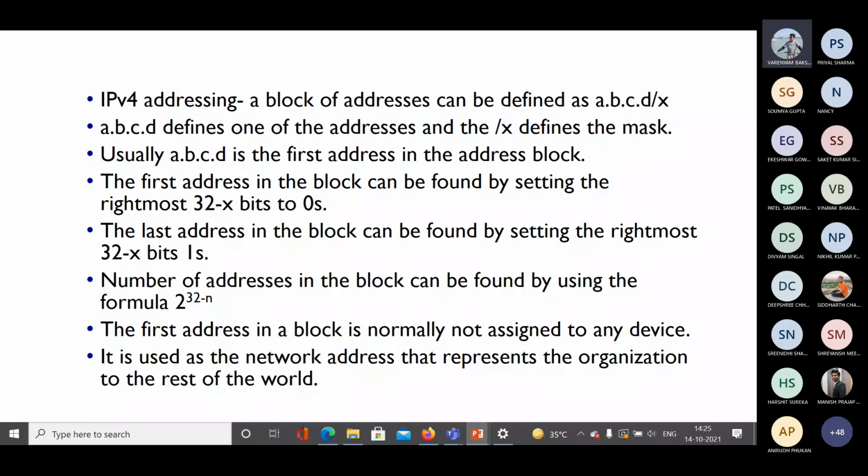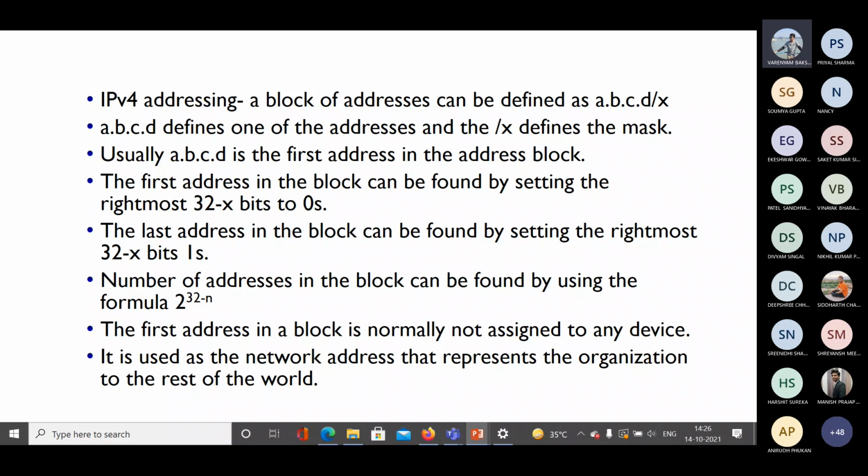Now, the first address is normally not assigned to any device, because it represents your subnet. It is used as the network address that represents your organization. If you are part of an organization, the first address, with the host part as all zeros, defines the address of your organization to the world.